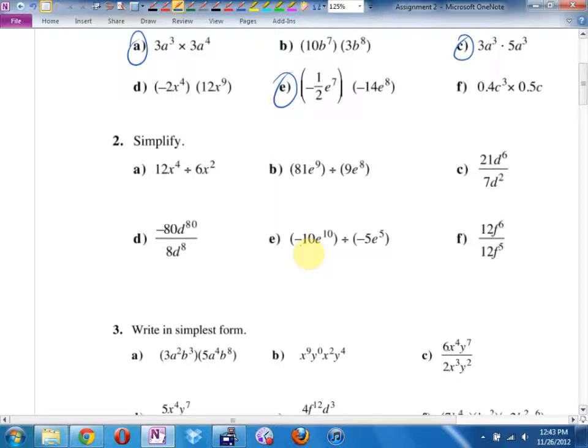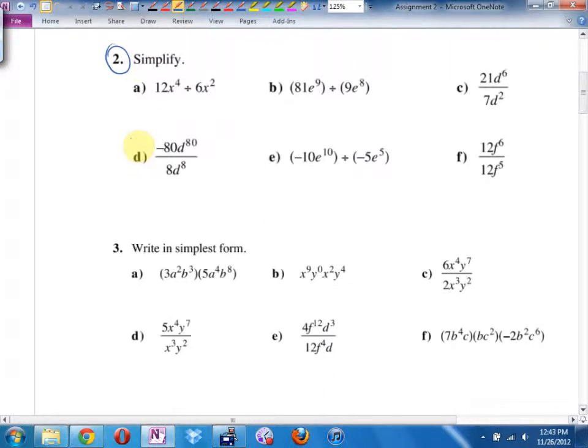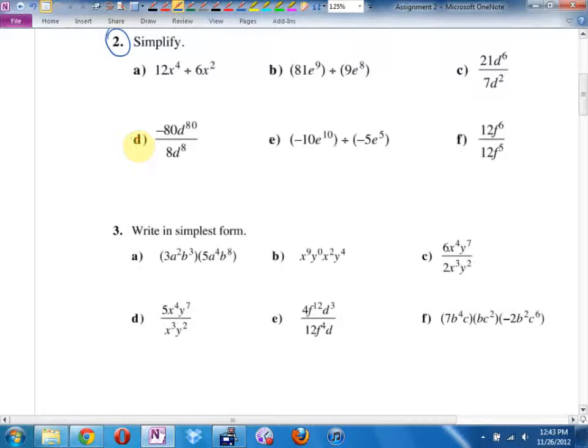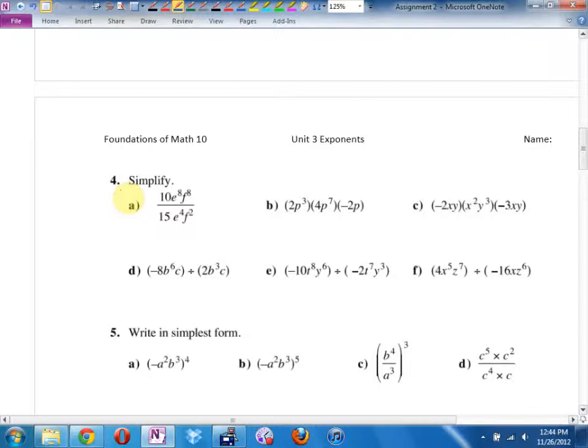All of number 2. All of number 3, but I think you can do almost all that showing no work, just boom, boom, boom, boom, because I don't see any exponents to exponents.